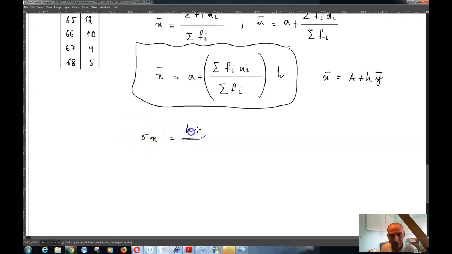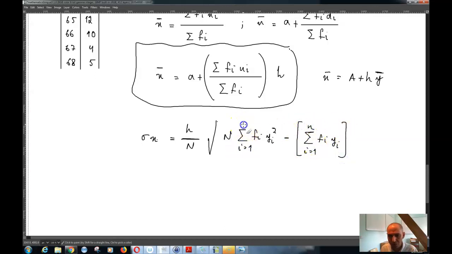We found that as h divided by n times the square root of n times sigma of f of i y of i squared, minus sigma of f of i y of i, as i goes from 1 to n, and you square this, and then take the square root of this whole thing, and that becomes the standard deviation of the variable x in terms of y of i.